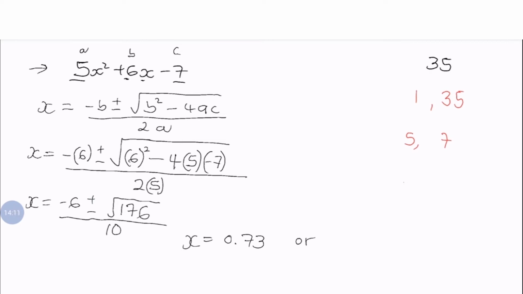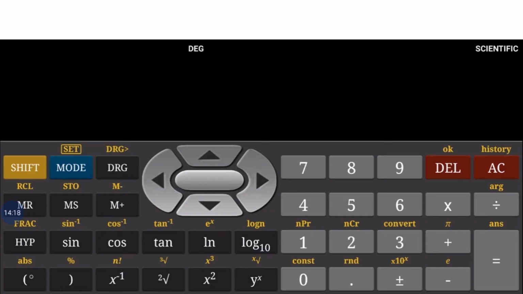Let us go back to our calculator. Introduce your brackets if you're using a calculator like mine. -6 minus the square root of 176, close your bracket, all this divided by 10.